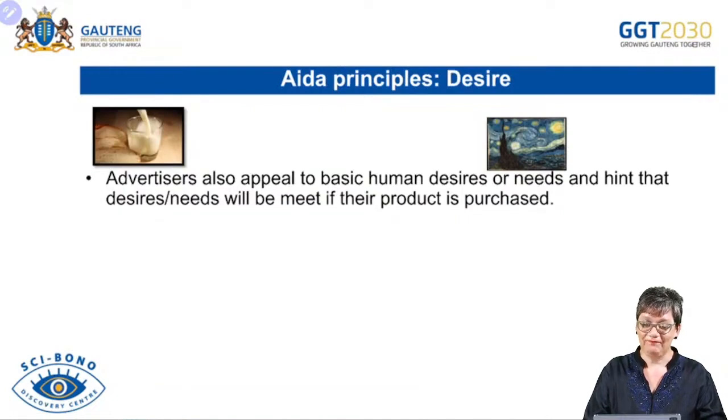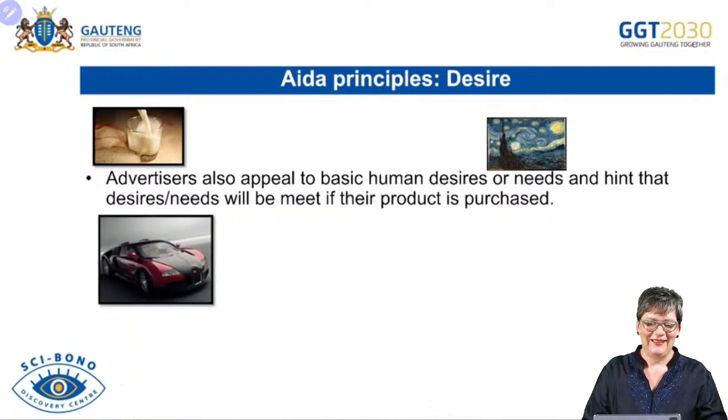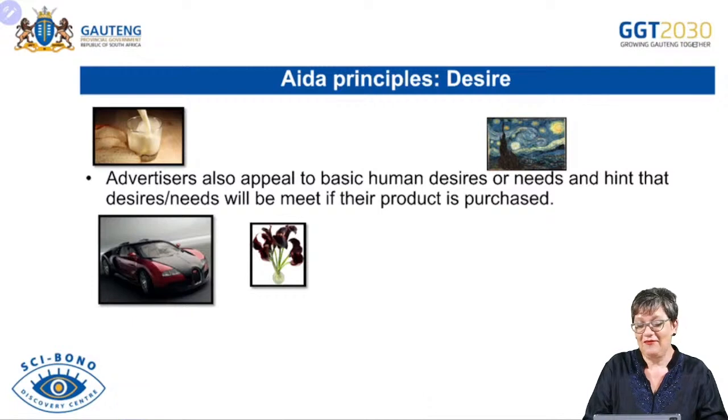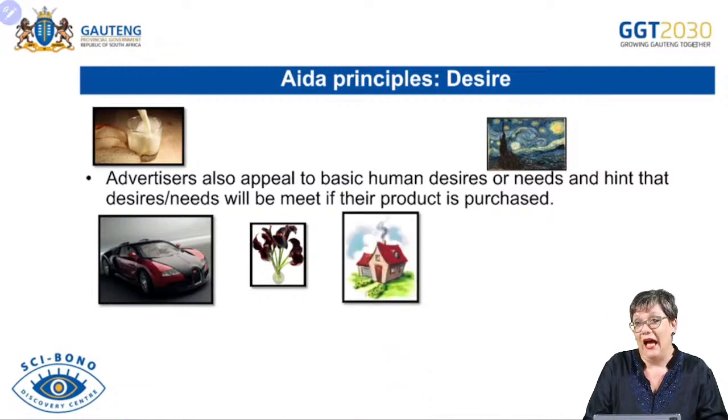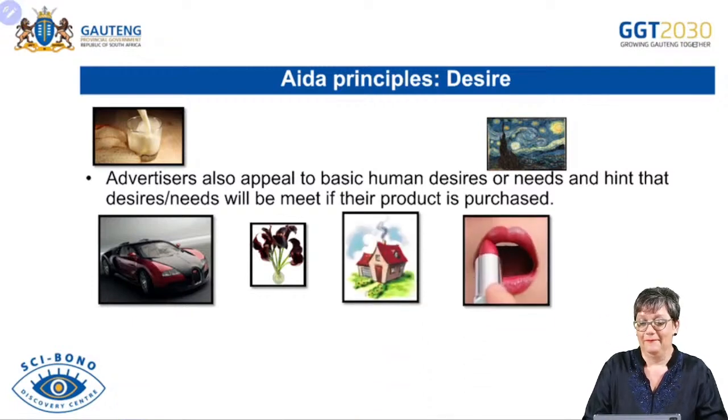Desire. They will appeal to our human desires and tell us that we need the product, even if we don't. And obviously there is a desire for a lot of things: fancy cars, safety, food, a house, obviously to look good.